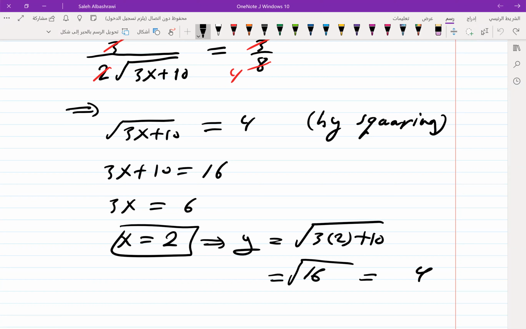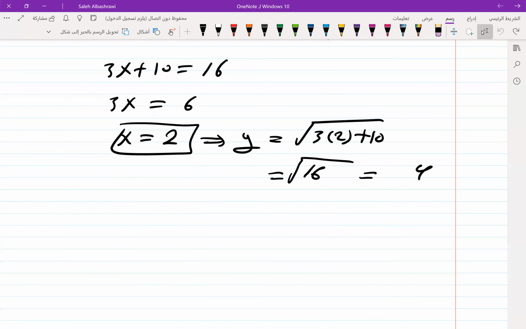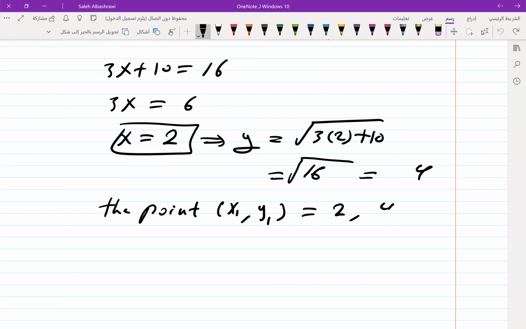Or we can say it as plus or minus, because we are not sure about the value of y. It can be positive or it can be negative. But since it's given as a positive, I will use the plus 4 now. So the point is x equal to 2 and y equal to 4. It's 2 and 4.